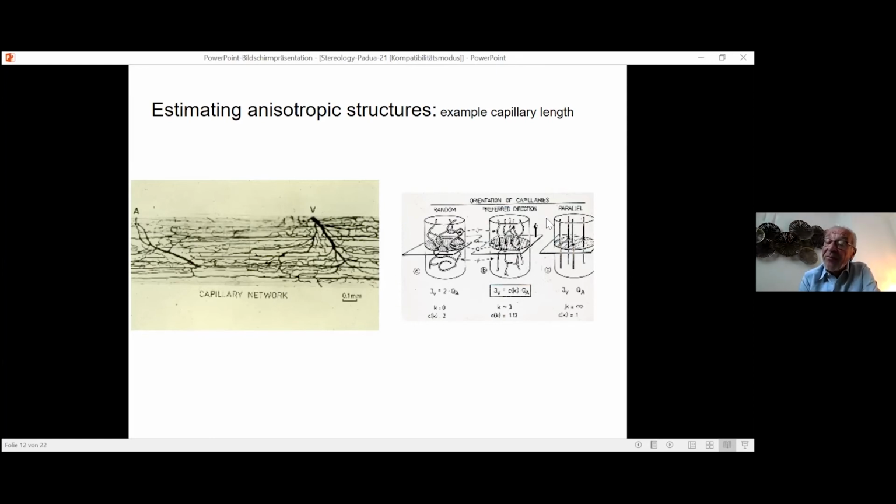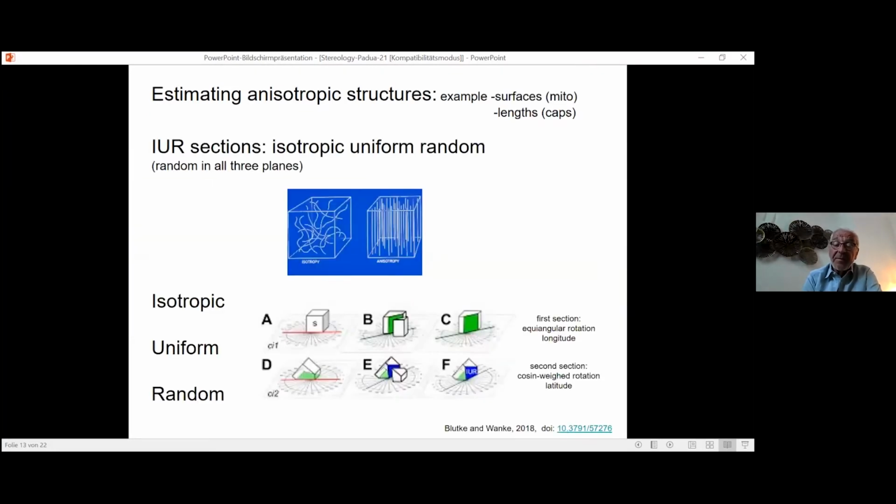But if you take a cross section for perfectly oriented capillaries, this factor of 2 disappears, and it's just the number that you count here. Actually, the number of cross sections is directly relevant in this context. So there is a factor of 2 in terms of the error you can make here.